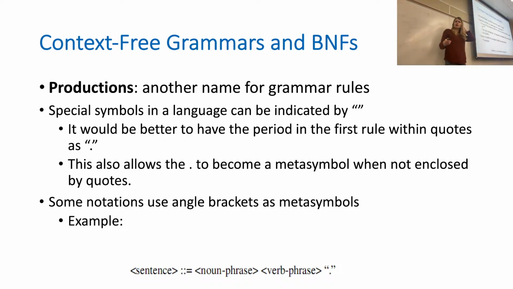Sometimes grammar rules are referred to as productions. I don't really care about that. Sometimes notations use angled brackets to indicate a meta symbol. You won't see that in here, so that's the way we're not using. It's common other places, just here for completeness. Really the main thing is that we will sometimes see double quotes being used to differentiate between a meta symbol and a terminal.